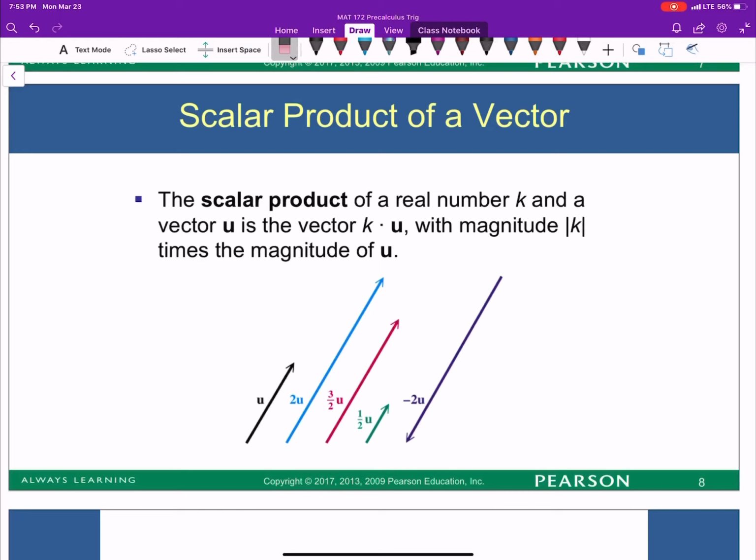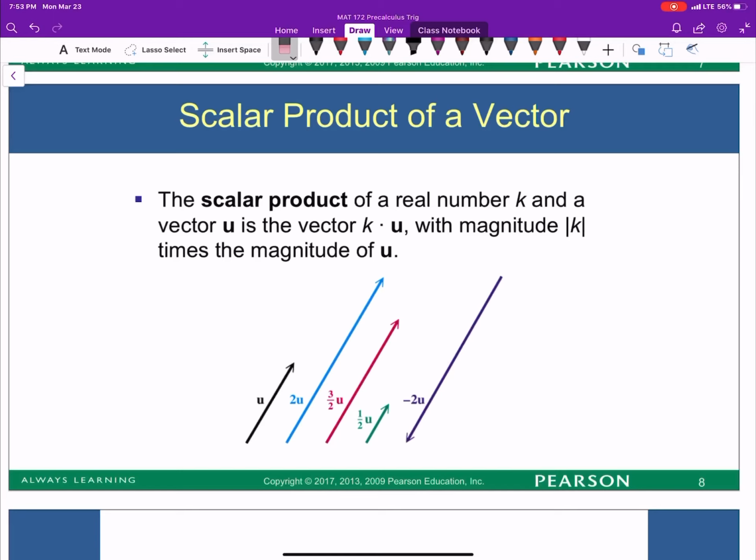So if we look at u, u starts off as our normal set. Then we have 2u, which is double the magnitude of u. Then we have 3 halves, which is 3 halves the magnitude of u. Then we have 1 half, so it's half of u.